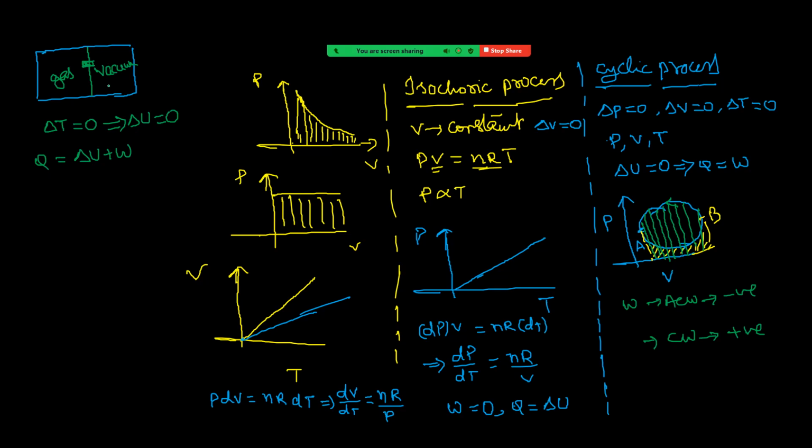When there is no pressure, no work is done. We should be very careful here. While calculating work done, we are taking the integral P dV, right? When there is no pressure, no work is done. That means W equal to 0, right? W 0, delta U 0, that implies Q equal to 0.